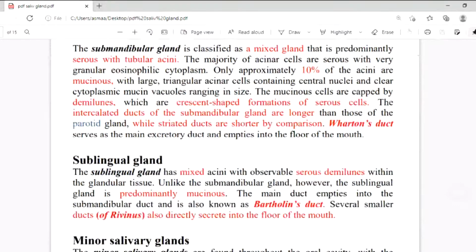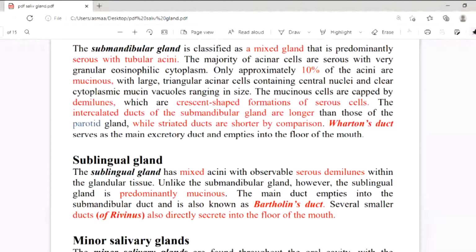The mucinous cells in the submandibular gland are capped by demilunes. That means in the submandibular gland the mucous cells are covered by serous cells. The mucous acini are covered by serous acini, which appear crescent shaped, like a crescent, a formation of serous cells.